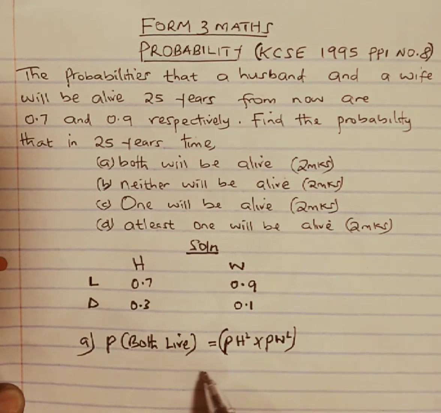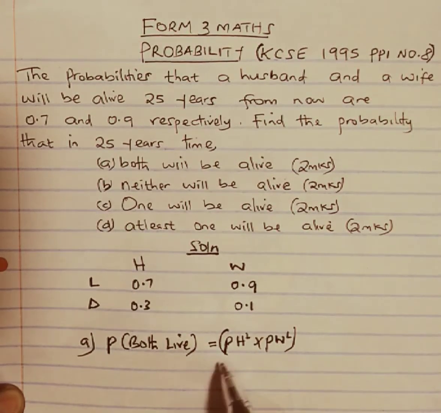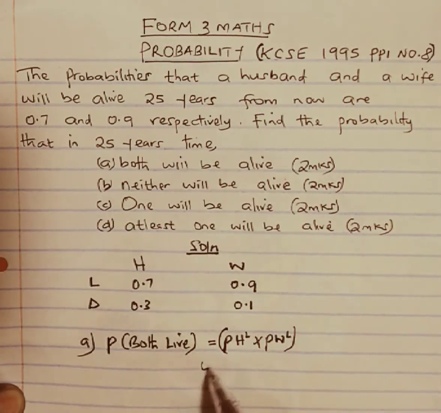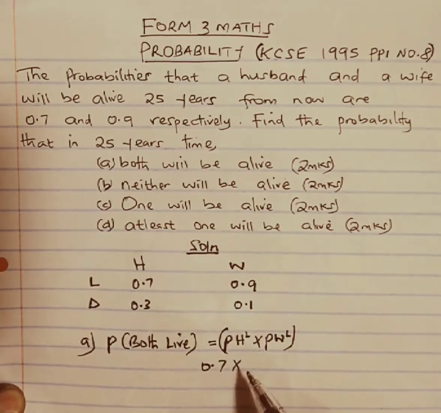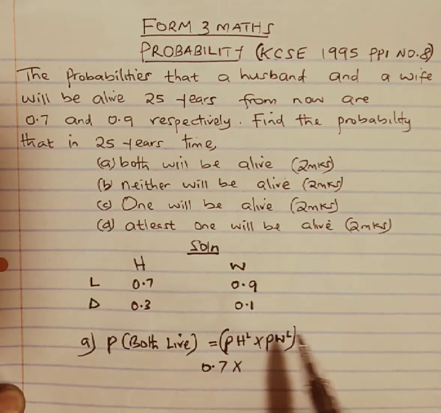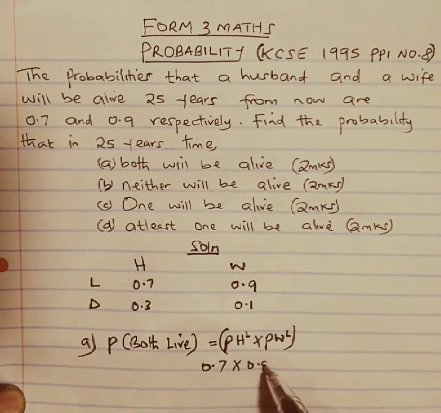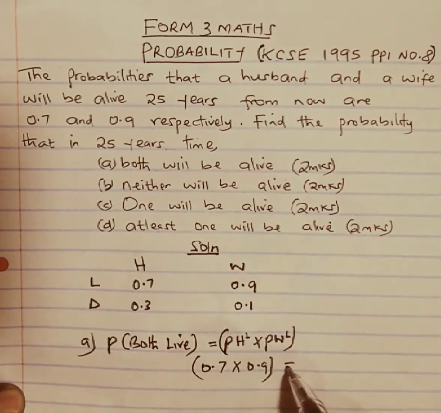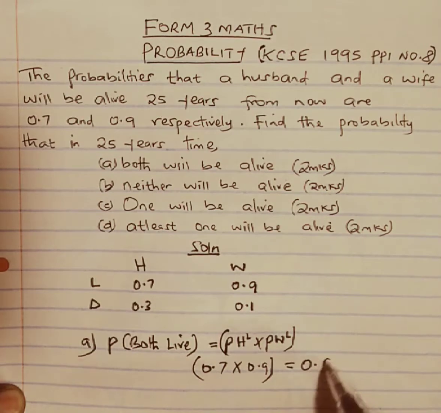In this case, we take the probability of the husband living, which is 0.7. We multiply with the probability of the wife living, which is 0.9, and this one is going to give us 0.63.